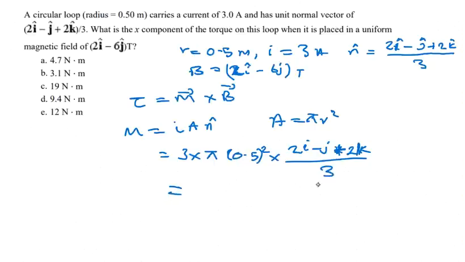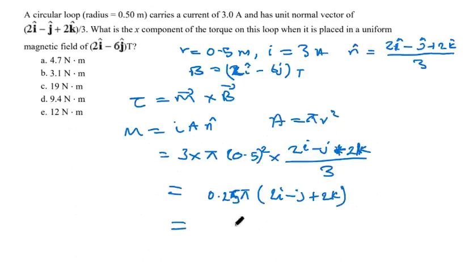The 3 cancels the 3, and 0.5 squared is 0.25, so this is 0.25 pi times (2i minus j plus 2k).